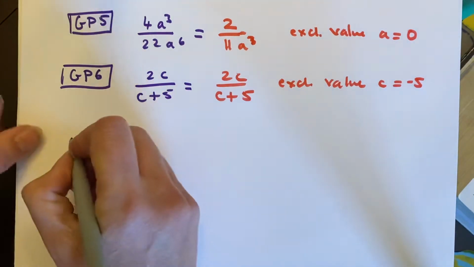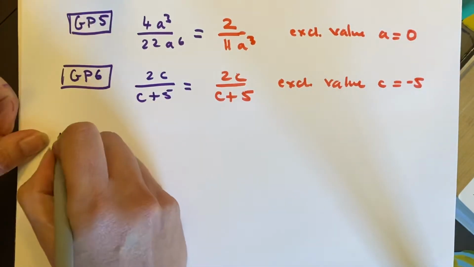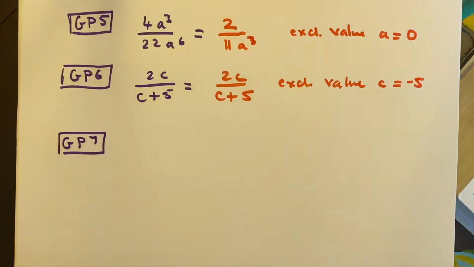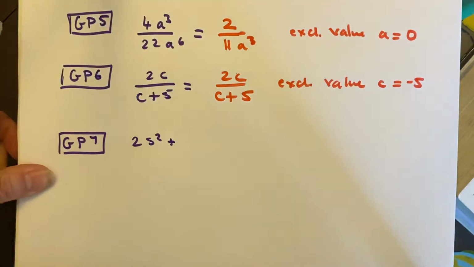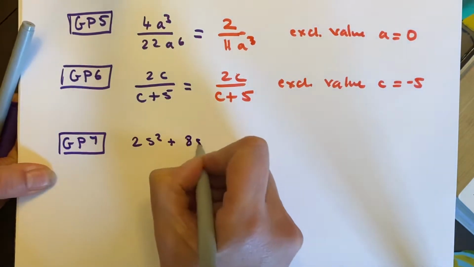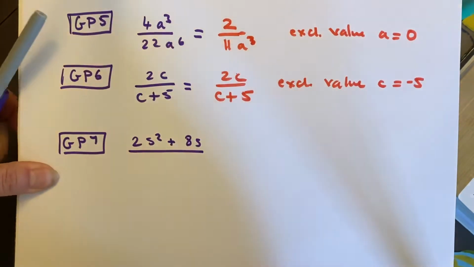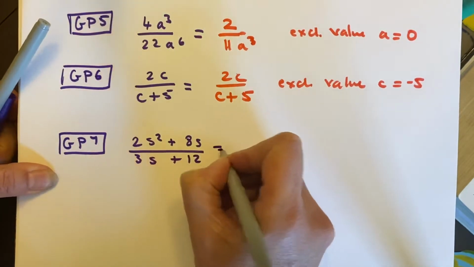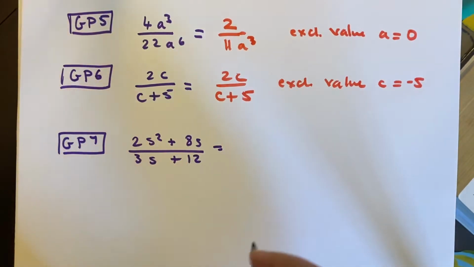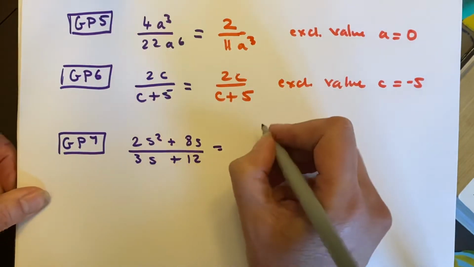Okay, let's look at guided practice 7. 2s squared plus 8s divided by 3s plus 12. Let's factor out what we can on numerator and denominator.